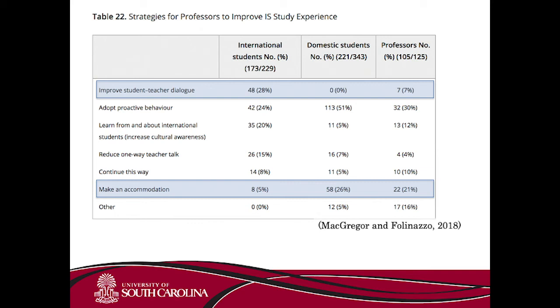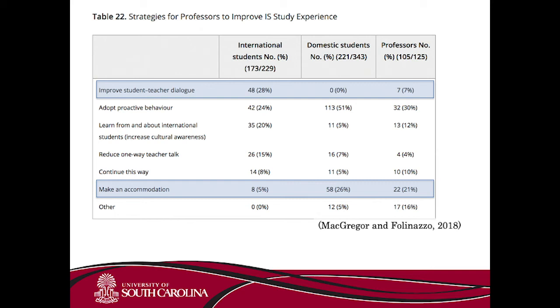The first one is they were asked about improving student-teacher dialogue. So you can imagine, would improving student-teacher dialogue improve the international student experience? You can see the international students felt pretty strongly that that was important. Over a quarter of them thought that that would help their experience.